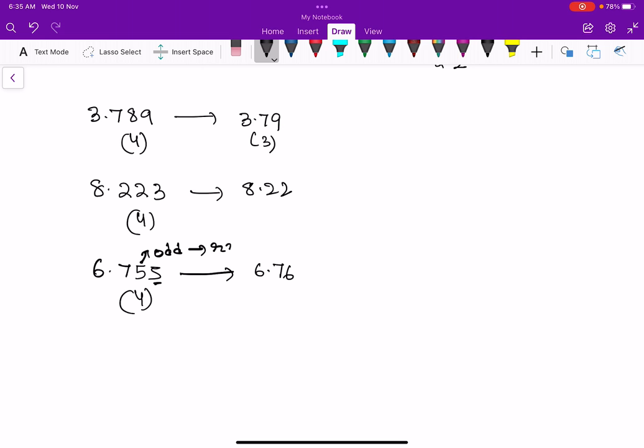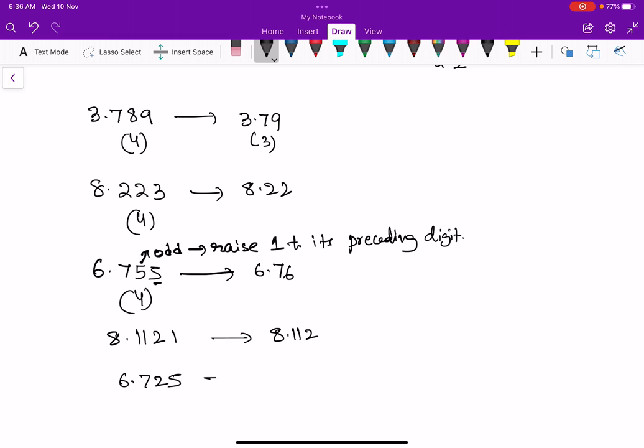So raise 1 to its preceding digit, right? 8.1121, 5 figures, you have to set it to 8.112, right? 6.725, 4 figures, now I will write it 6.72.